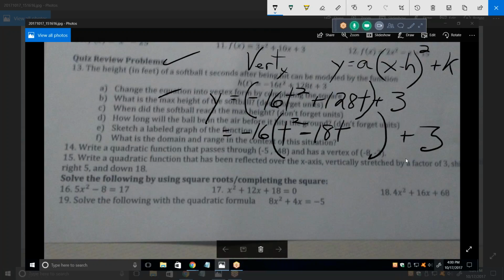In other words, this negative 16 that we factored out, you have to divide this plus 128 by negative 16. And that gives you a negative 18. Okay? So that is the same as the line above it.